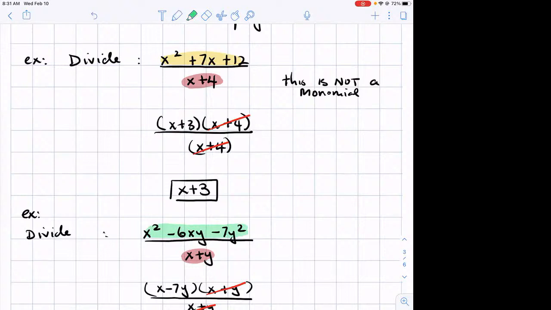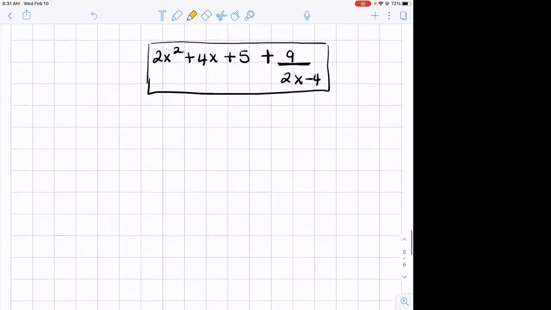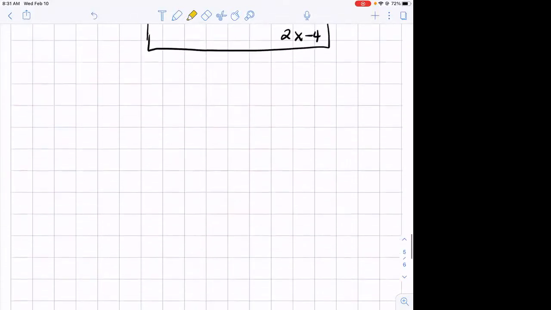In this example, I factored the numerator and I got x plus 3 times x plus 4. Sometimes we don't see that. So let's go back to that example and do it with long division now and see what will happen. So my next example, divide x squared plus 7x plus 12 divided by x plus 4.